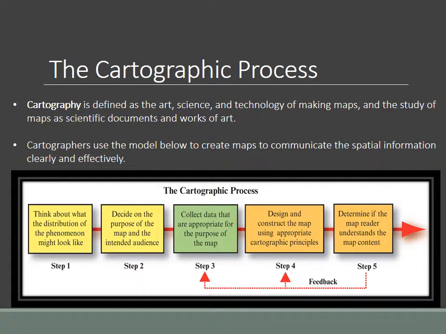Design and construct a map using cartographic principles to display data appropriately. The final step is to determine if the map reader understands the map content. This is when you might show a map to a colleague or a friend to make sure that the purpose of the map is well understood by the map reader.